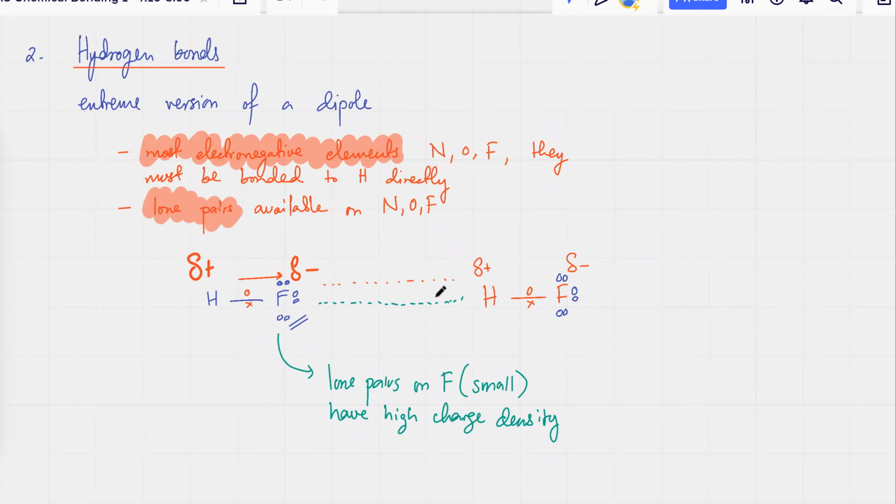So hydrogen bonds are relatively one of the strongest intermolecular forces. And we're going to talk about the other ones as well.